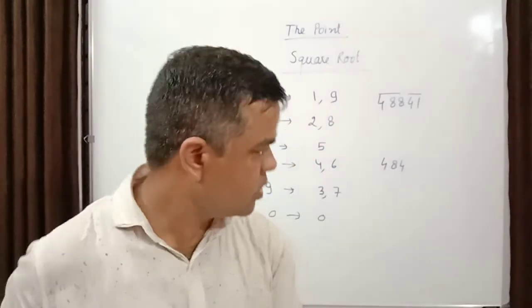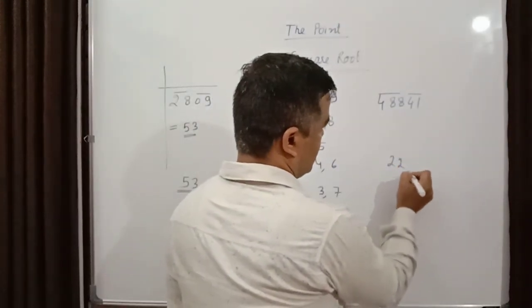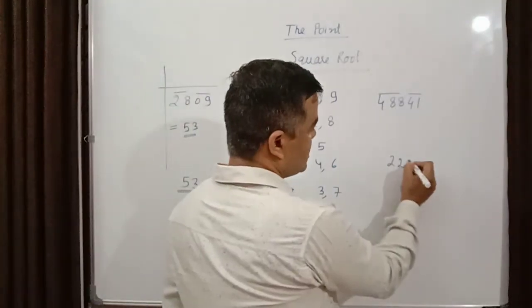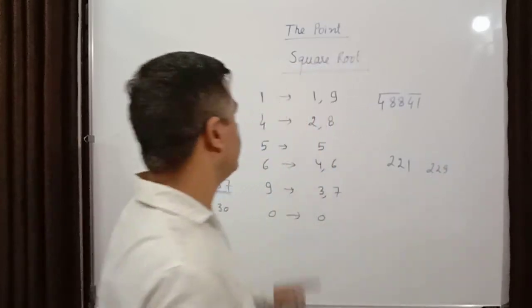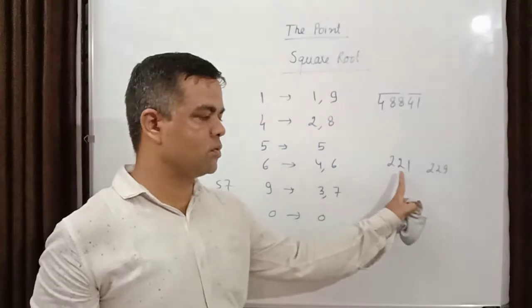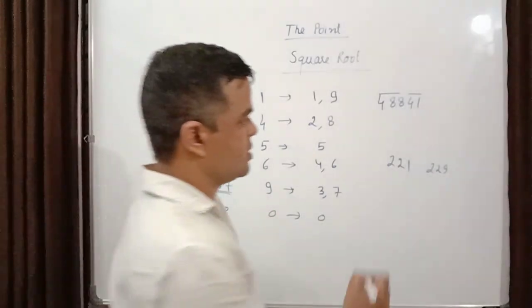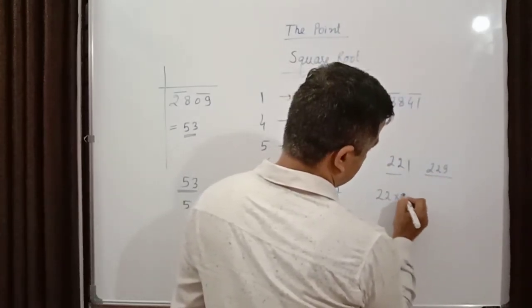So 22 will be the first digits. At the unit place here is 1, so either the answer will be 221 or 229, because 1 or 9. Now we have to check what will be the answer. So 22's next number is 23.